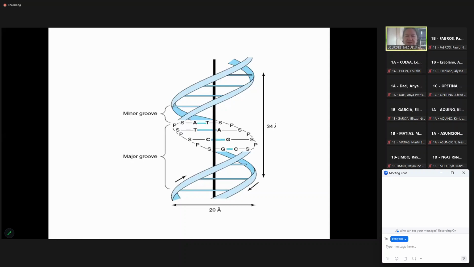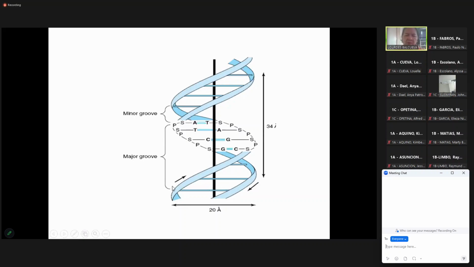So this is your parent DNA molecule, okay? How is the start of replication? Of course, it should start with the separation of the two chains, right? As I mentioned earlier, one strand runs 5' to 3', while the other strand runs 3' to 5'. So they're always anti-parallel to each other.